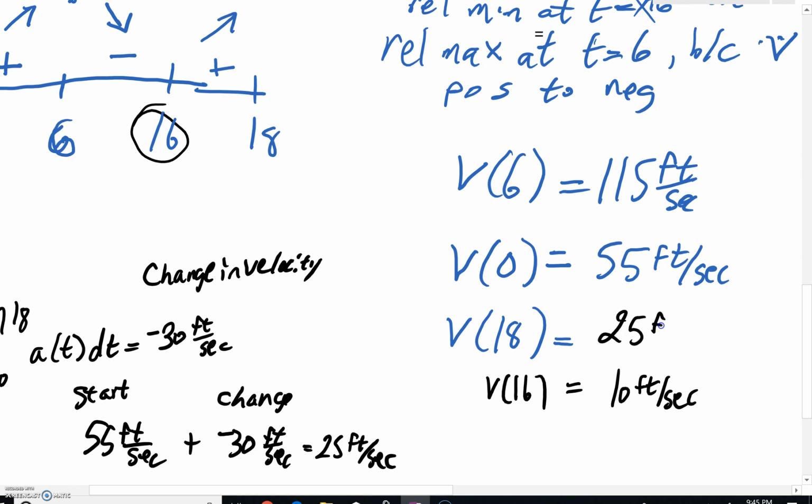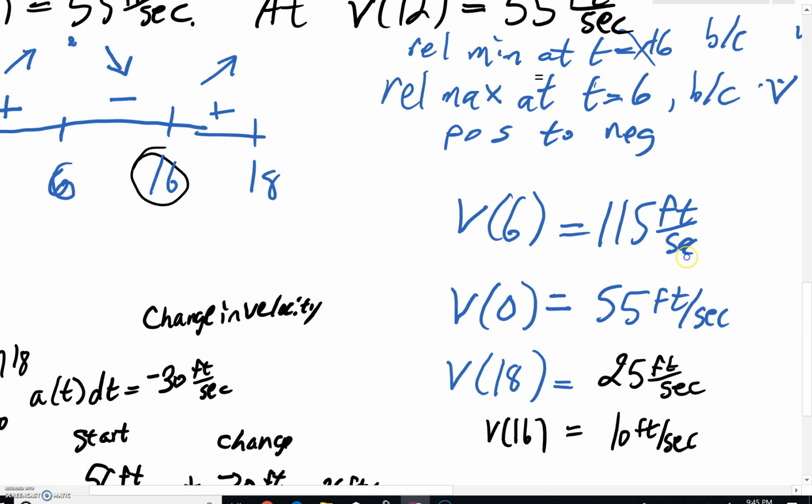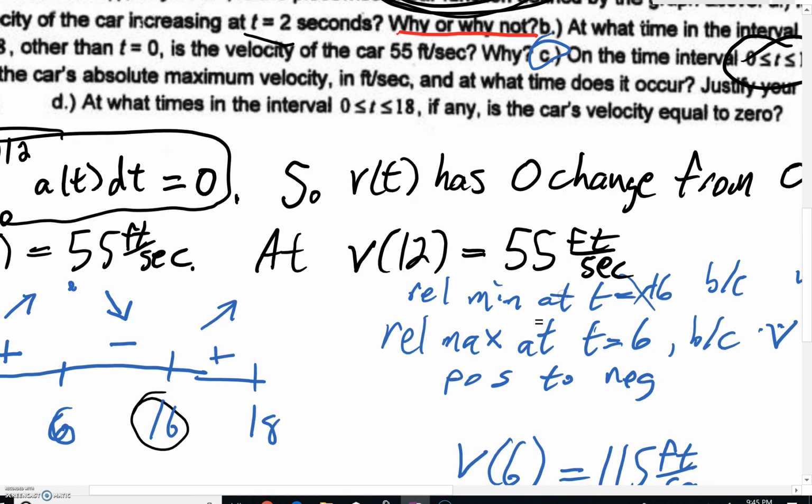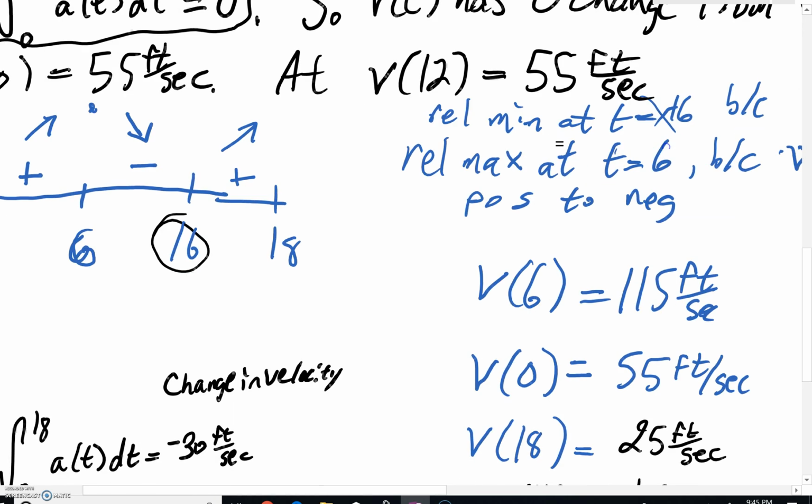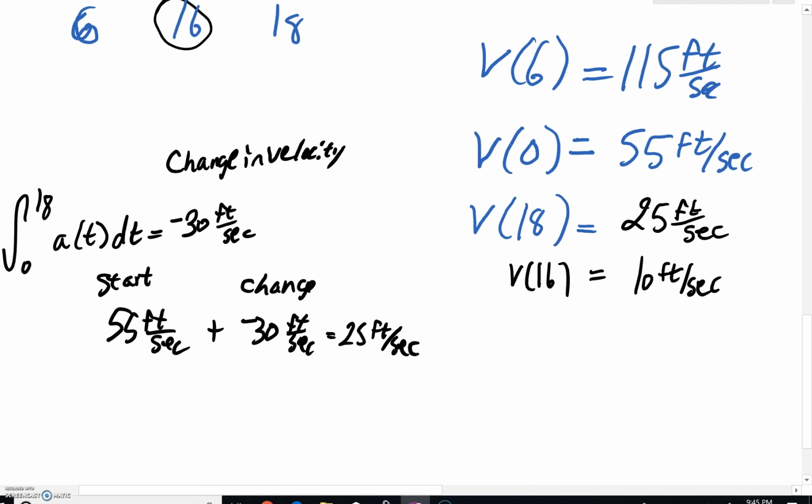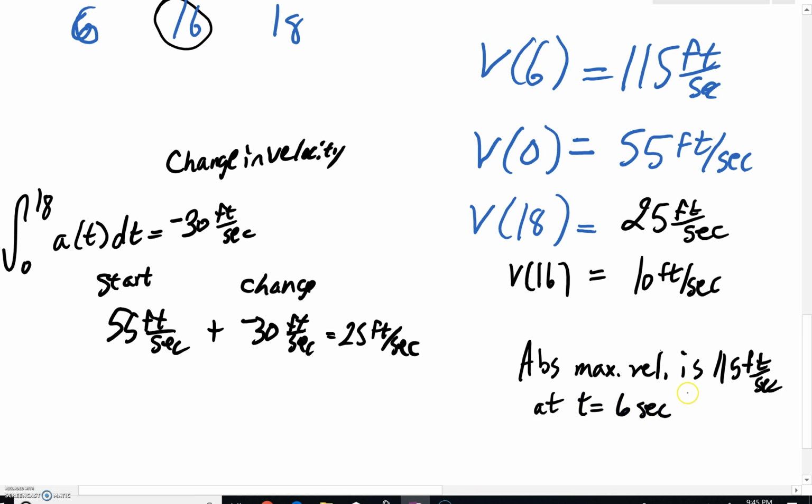So right now, you can answer the question, what is the absolute maximum and at what time does it occur? Well, we can say that our absolute maximum velocity is 115 feet per second at t equals 6 seconds by the extreme value theorem.